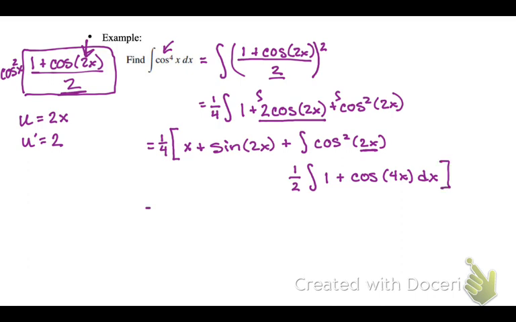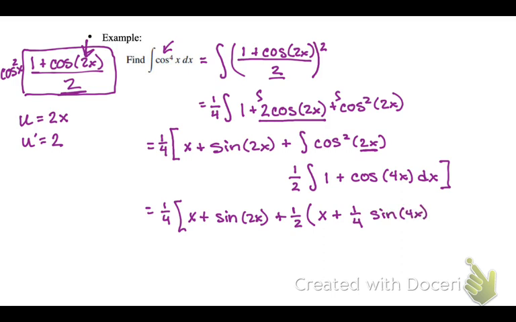Okay, so then I have 1/4 x plus sine of 2x plus 1/2 x plus, wouldn't it be 1/4 the sine of 4x? Plus C.